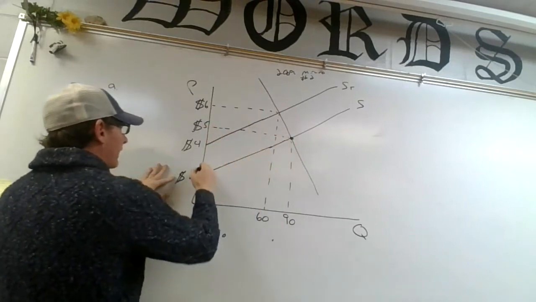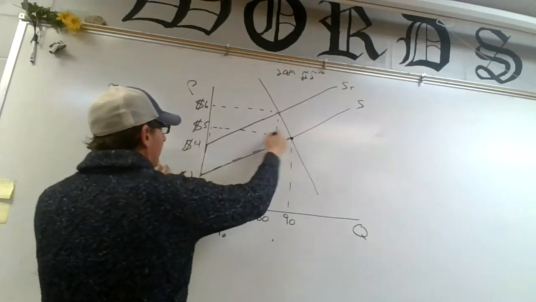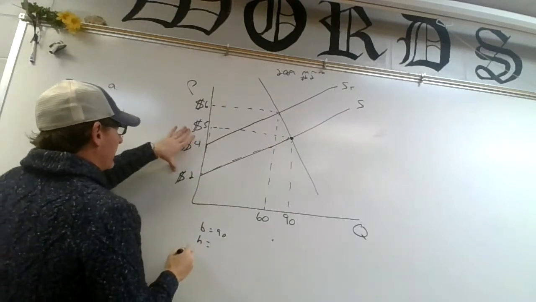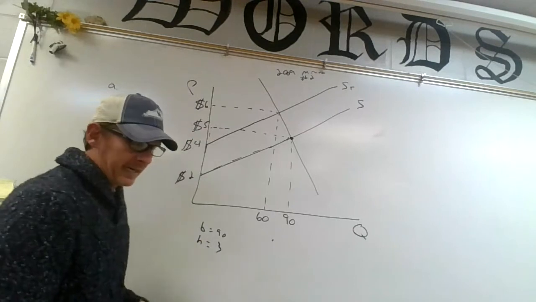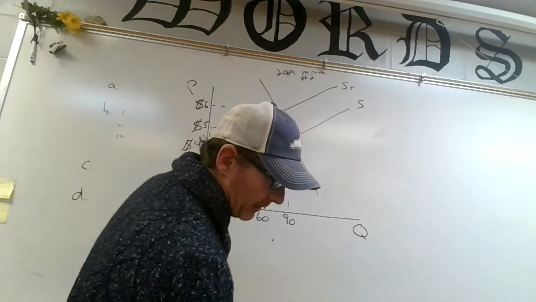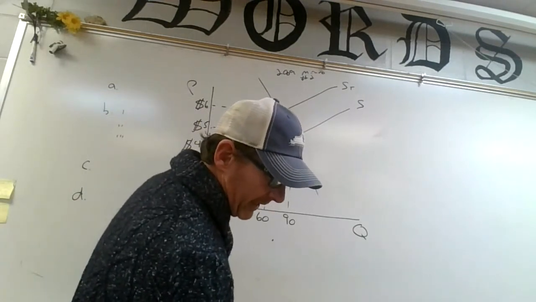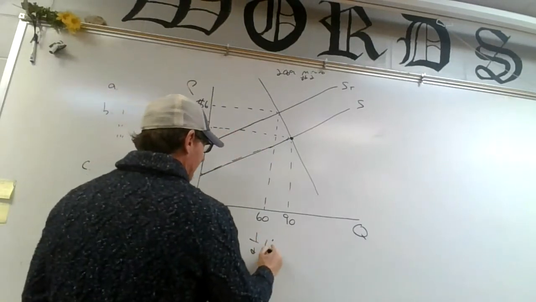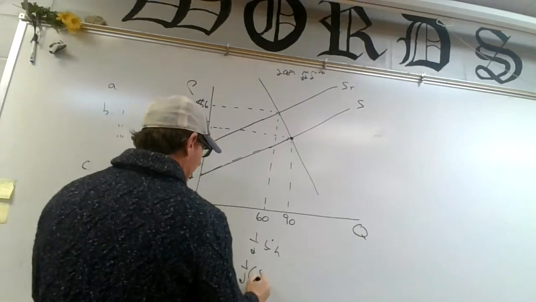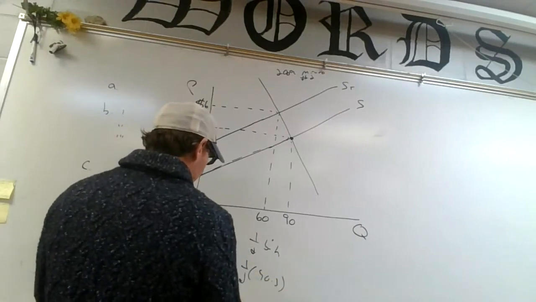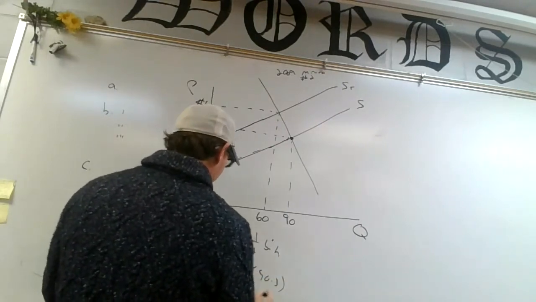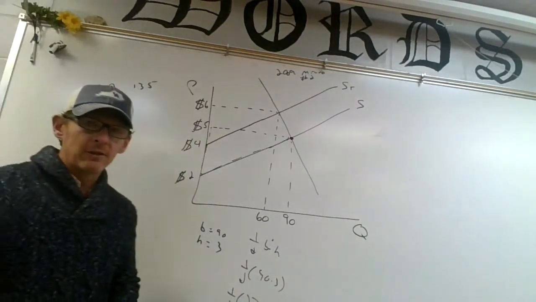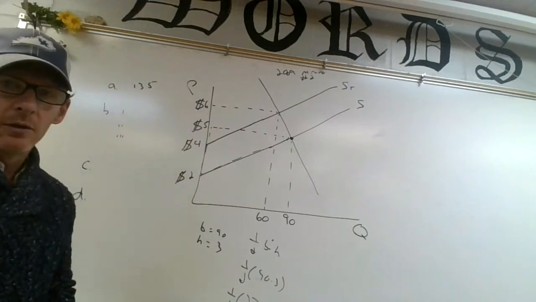This entire area is our producer surplus, and the area is 1/2 base times height, so 1/2 of 90 times 3, which is 1/2 of 270, so it's 135. That's how to do A.